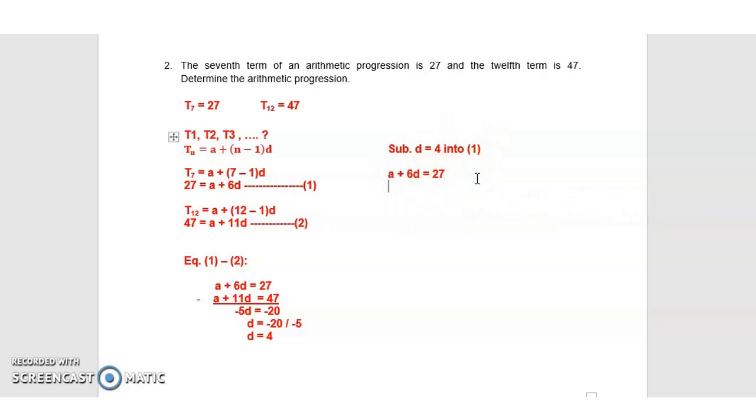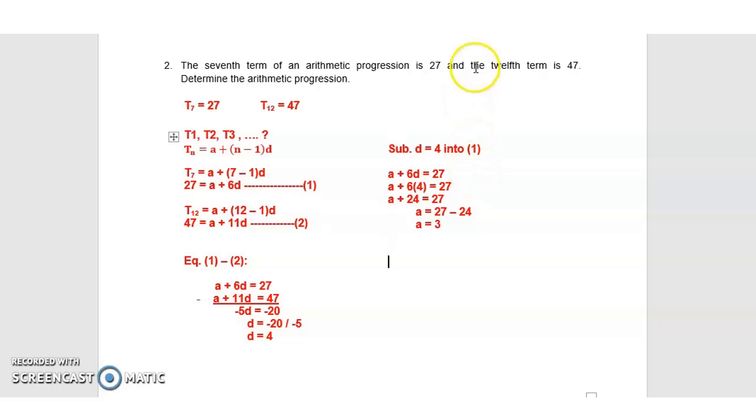So A plus 6 times 4 equal to 27. A plus 24 equal to 27. So make A the subject. A equal to 27 minus 24. So A equal to 3.